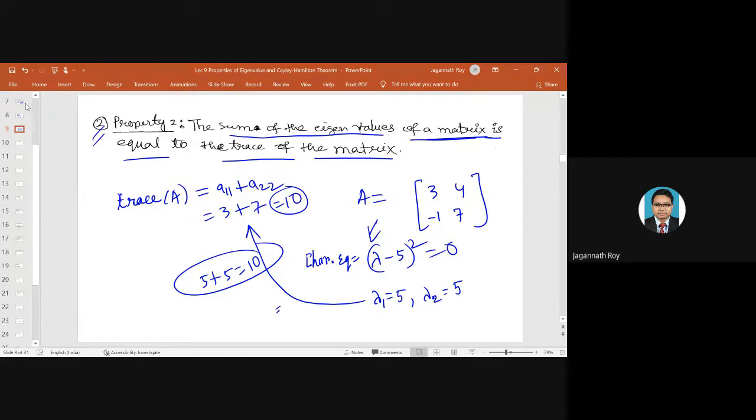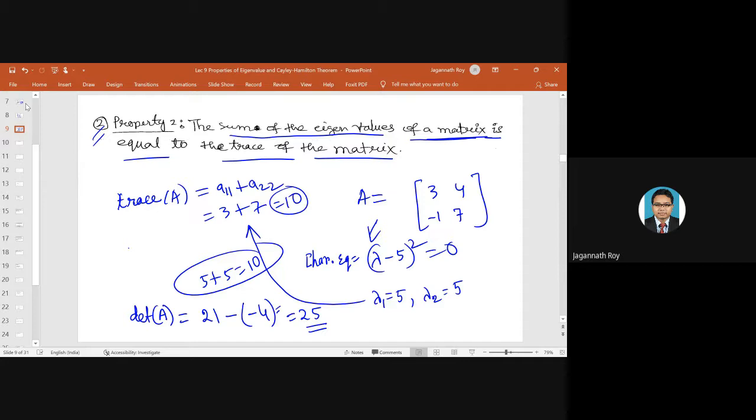In fact, there are mathematical proofs, but we don't have the proofs in this course, so I am giving one simple example to understand this idea. Now, if you try to find the determinant of A, what is it? 21 minus 4, so this becomes 25.